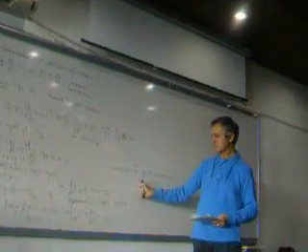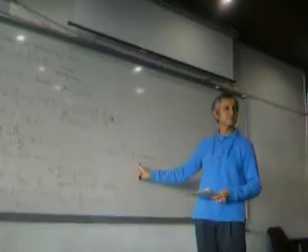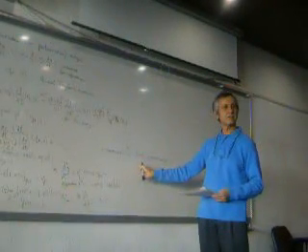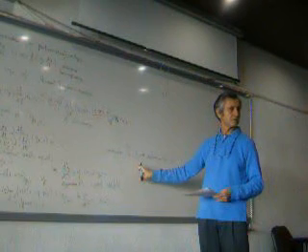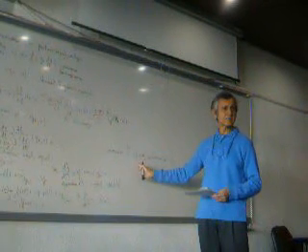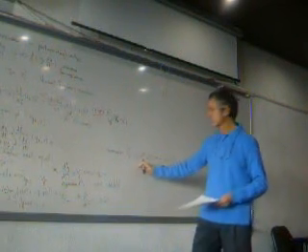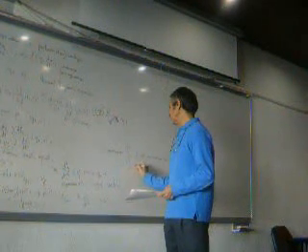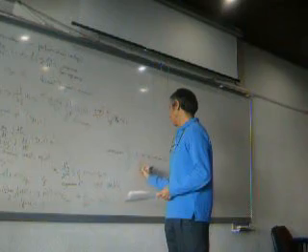Then dz over dt will be what? dy over dt, and d squared z over dt squared will be, all derivatives are the same. Do you see them? So then d squared z over dt squared will be d squared y over dt squared.